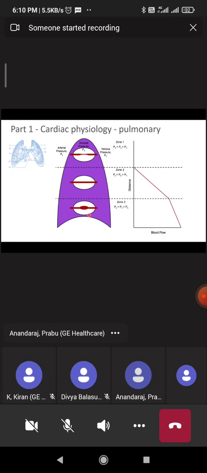Hey, Prabhu's sound is not coming. Sir, I can't hear you. I think he's got disconnected. Not disconnected. There might be a network issue.